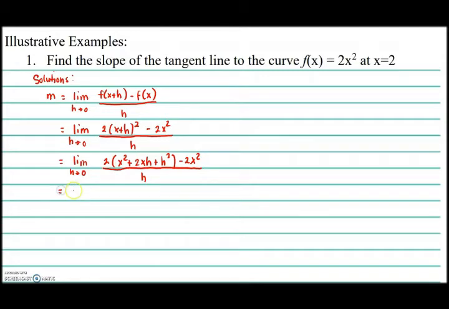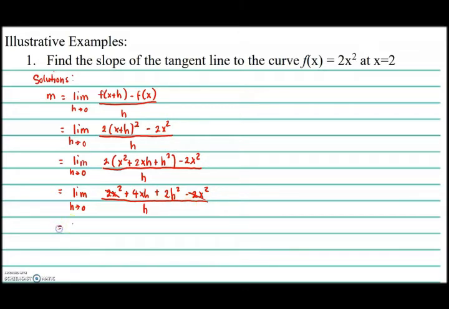Distribute, so you have the limit of 2x squared plus 4xh plus 2h squared minus 2x squared all over h as h approaches 0. Now we can combine like terms, so we can cancel out 2x squared and negative 2x squared.